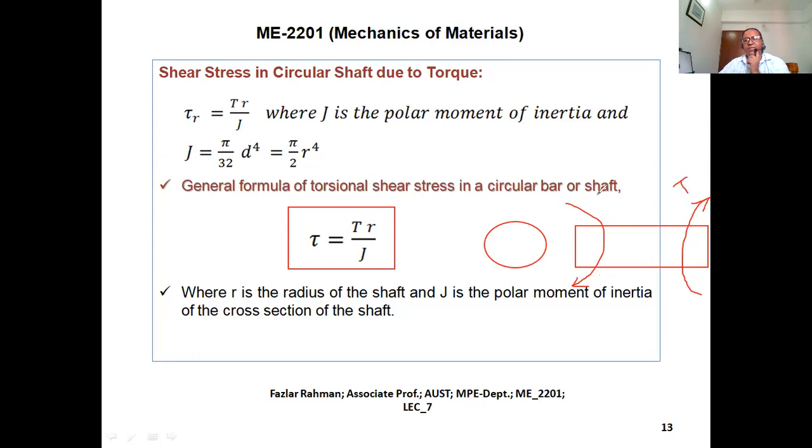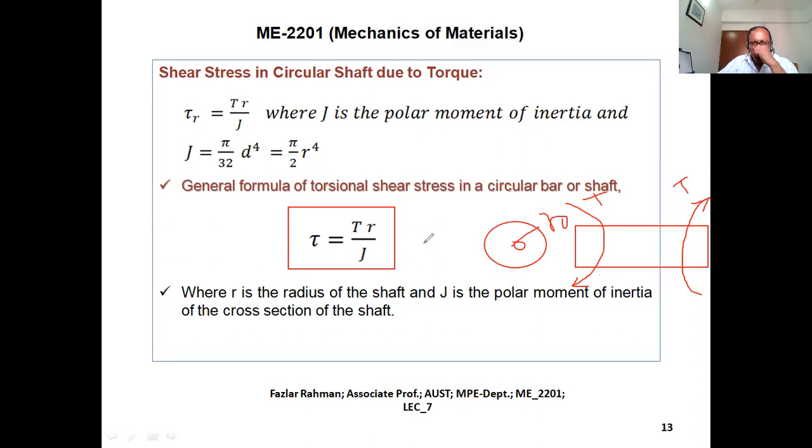So T is the torque, and if R is the radius of the shaft, then this is the formula for the torque. Tau equal to TR by J.